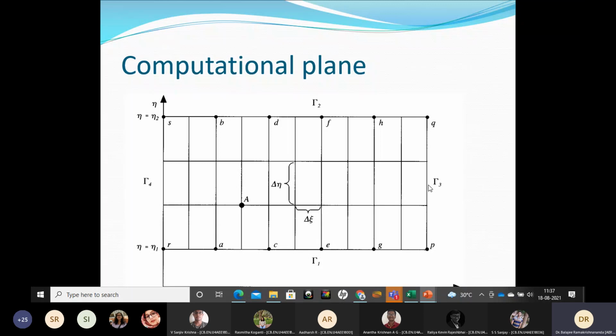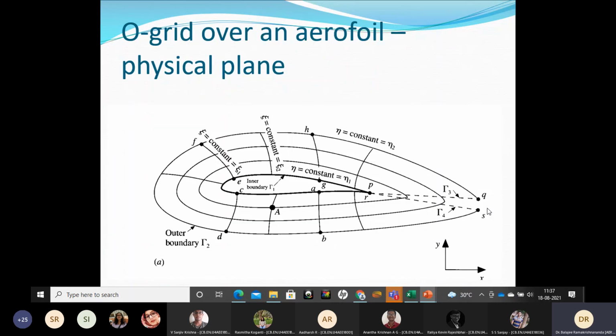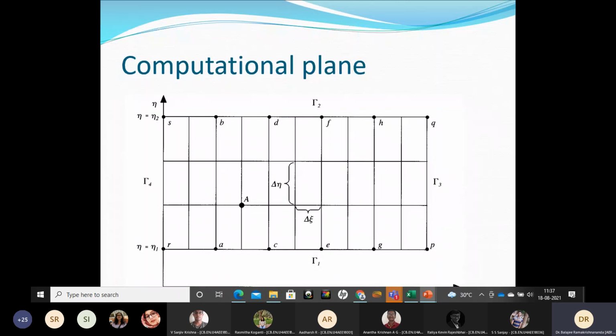Otherwise, you have to update and come back and say that, hey, my value here is the same as the value here, because physically, they are the same points. You are just making a cut and separating them. This Q and S, you see, they are the same points. Because you are cutting, they look like separate points. Q is here and S is here.